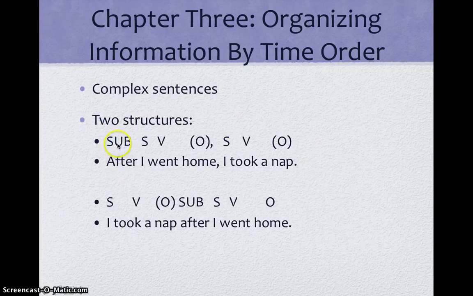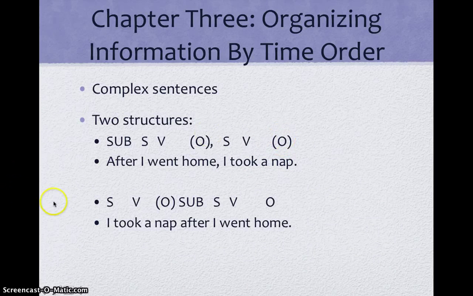After is our subordinating conjunction. I, the subject, went, the verb, our object is home. Then we've got a comma to separate this dependent clause from the independent clause, where we have I as the subject, took as the verb, and a nap as the object.